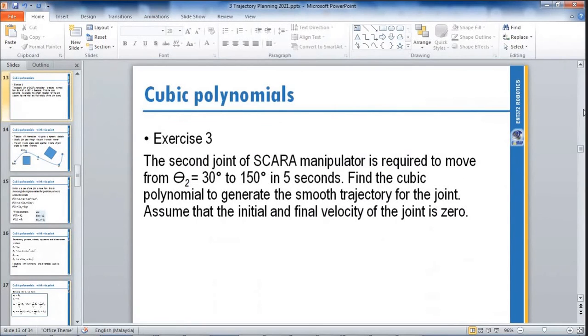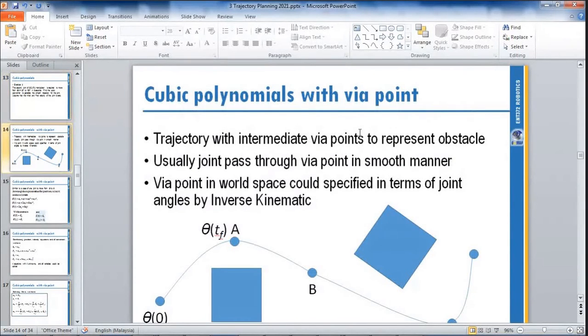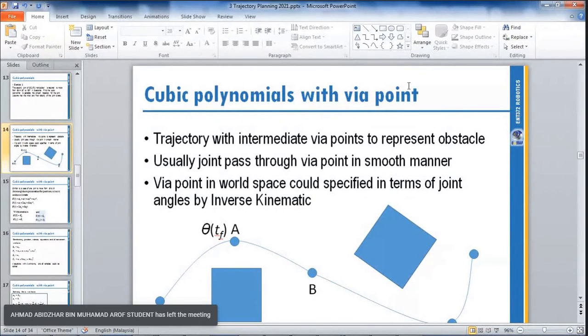Okay, this exercise is focused on cubic polynomial without via point. And this is cubic polynomial with via point. If you have any obstacle between the initial point and the final point, that one we call cubic polynomial with via point.